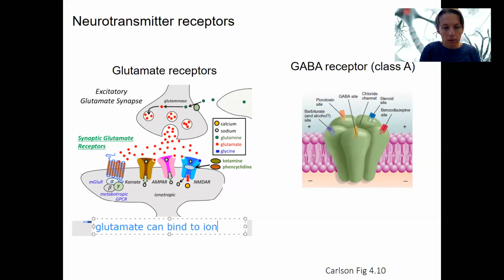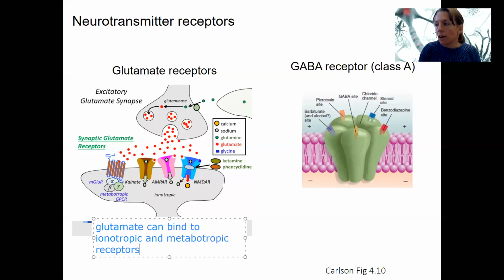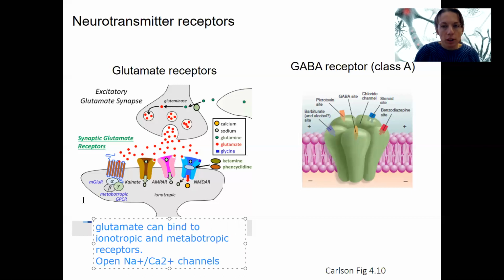So glutamate can bind to both ionotropic and metabotropic receptors. The one that we're going to see the most often, the way I would remember glutamate, is it's going to open Na+ and Ca2+ channels that allow both sodium and calcium to flow into the cell.